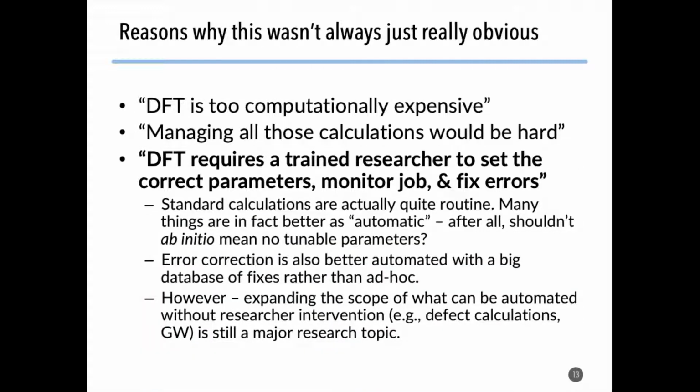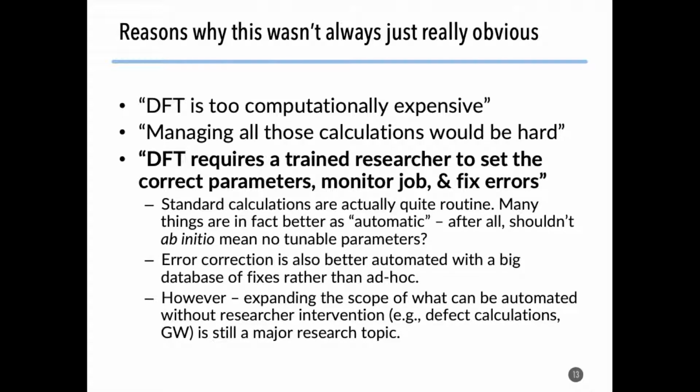And the last criticism, I think this one still sometimes appears, is that in order to run these calculations, you really need a trained researcher to set the correct parameters, monitor the job, and fix errors. And it turns out that actually standard density functional theory calculations are pretty routine, and you can automate them.